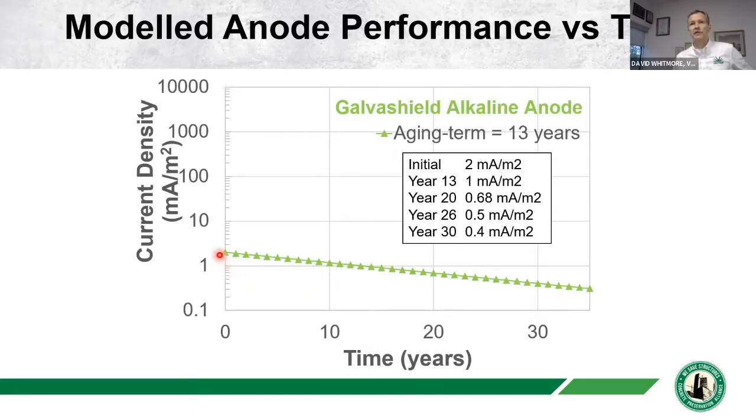If we start at a current density here, after a certain period of time we've cut it by 50%, and then after another period of time we've cut that by another 50%. So if you go up to the table, if we start at 2 milliamps per square meter, after 13 years we're down to an average of 1. If we go to 26 years, we're down to 0.5. Obviously there's some numbers filled in between here, but that's the behavior. And once you understand how that behavior works, then you can do a design with that in mind.